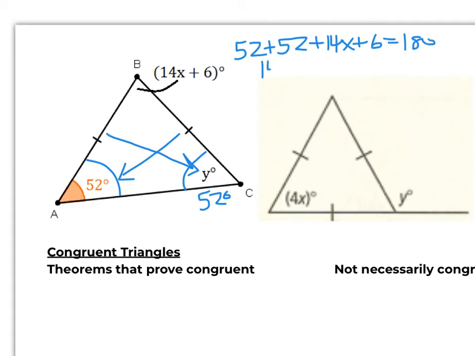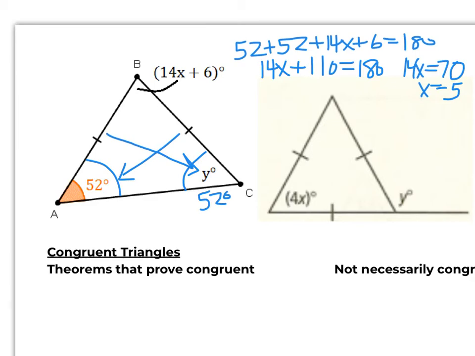So 14x plus 104 plus 6 is 110 equals 180. So 14x equals 70, and x equals 5. 5? Yes. Okay.